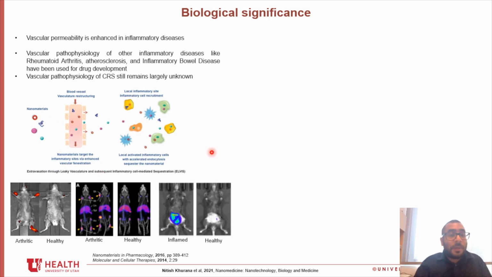There is precedence of this phenomenon happening in other inflammatory diseases, such as rheumatoid arthritis or atherosclerosis or inflammatory bowel disease, and this has been used for drug development purposes. So similarly, like the EPR effect, the nanoparticles or the macromolecules passing through the blood vessels can extravasate through these widened junction gaps or fenestrations and accumulate in the inflamed tissue.